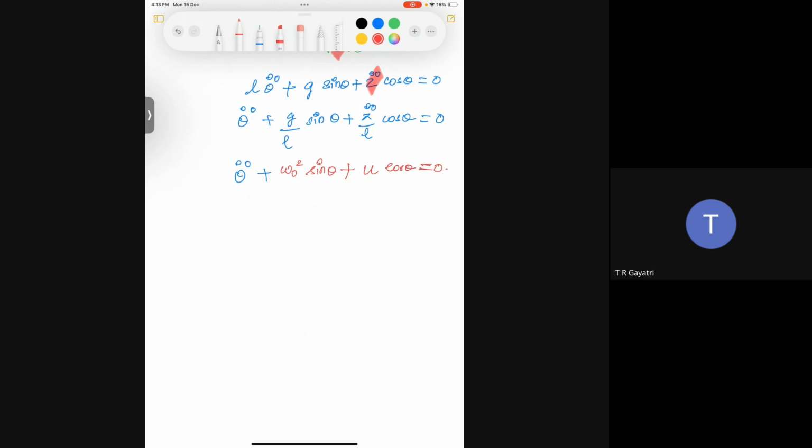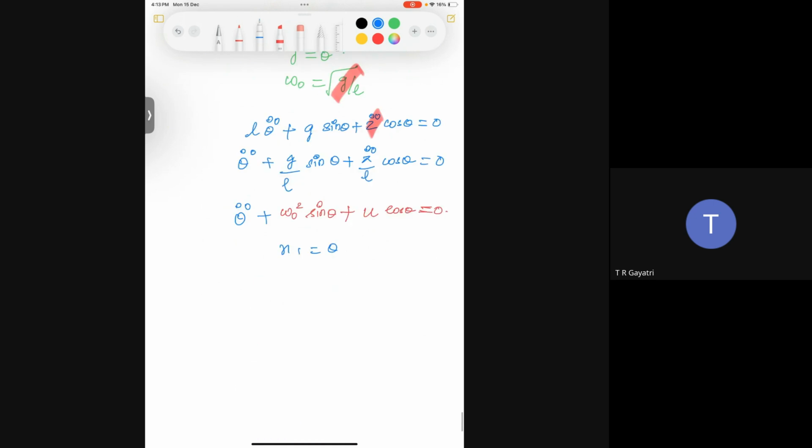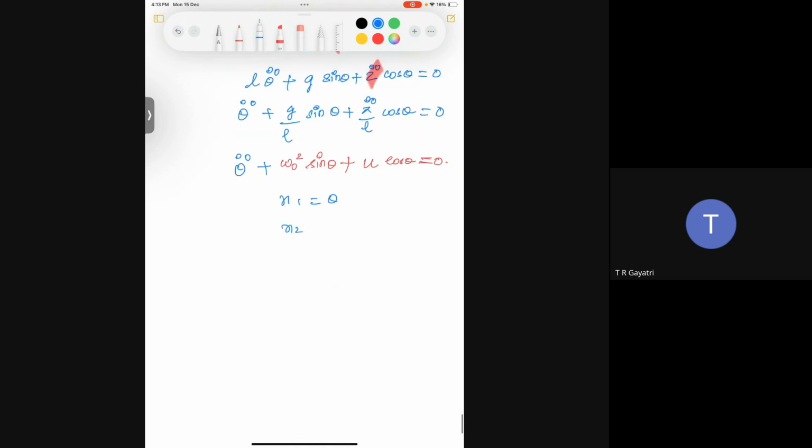Now how do you define this? If I take x1 equal to theta, as given in the question, x1 dot equals x2, which equals theta dot. So x2 dot equals theta double dot. So this theta double dot can be written as x2 dot.